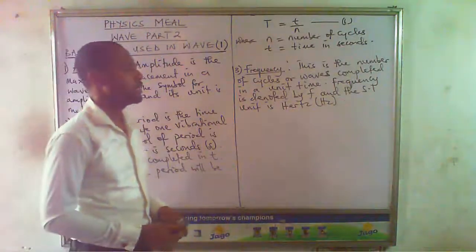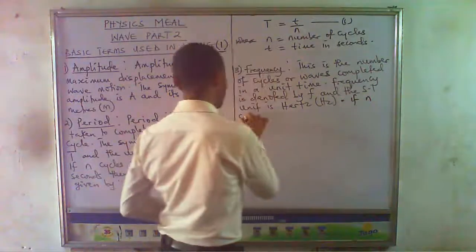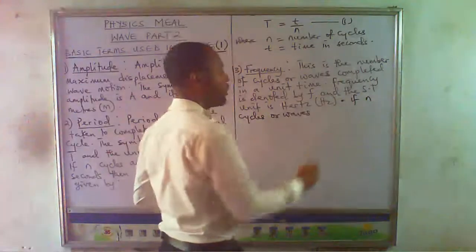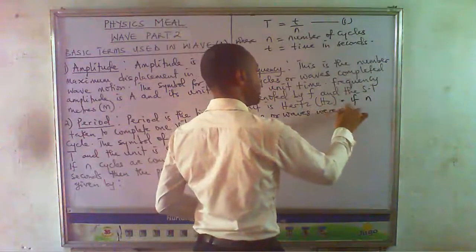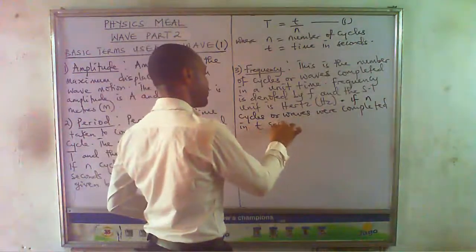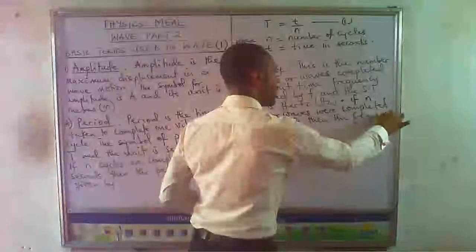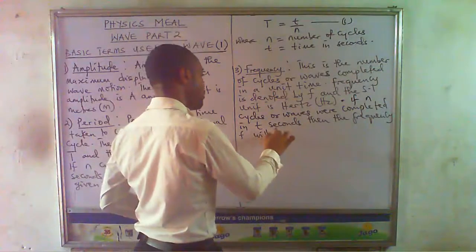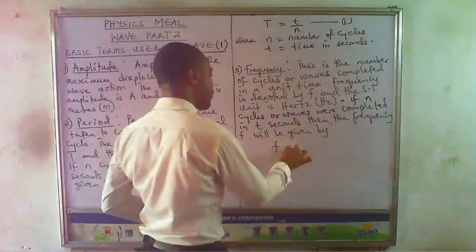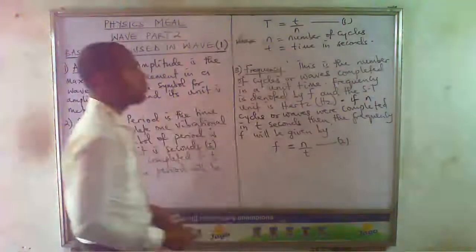So if n cycles or n waves were completed in t seconds, then the frequency f will be given by f is equal to n over t, and call this equation 2.